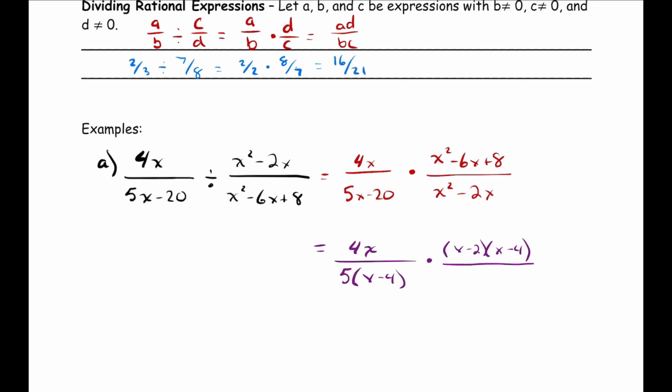And that's going to be over x times x minus 2. Here we're going to cancel out whatever we can. X minus 2 will cancel. X minus 4 cancels. And we actually have the x's cancel. And so we are left with just a simplified expression of 4/5.